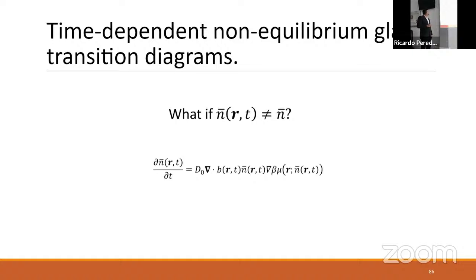So how do we do that? Well, in the approximations that I have previously stated, we were setting this one equal to this one, to the bulk value, but how can we not do such approximation in order to solve these equations?